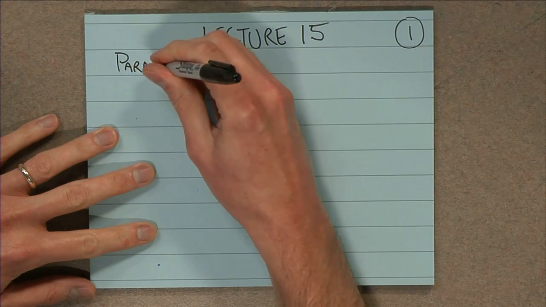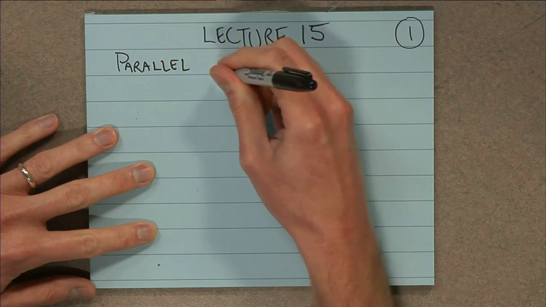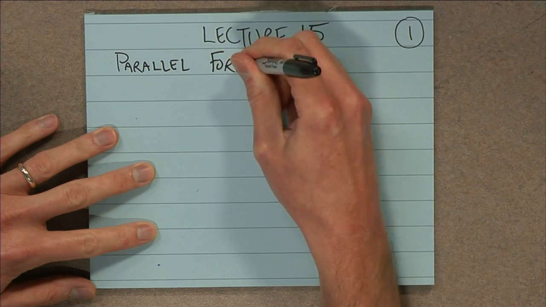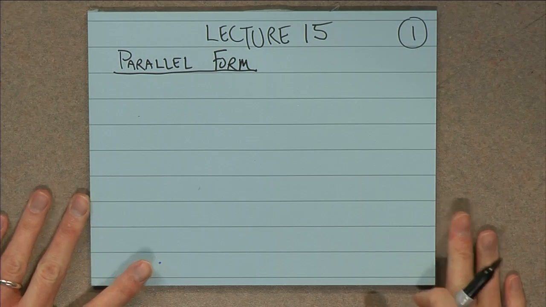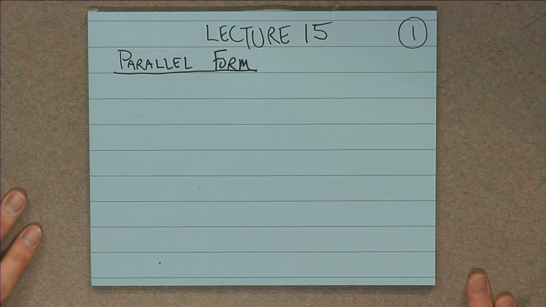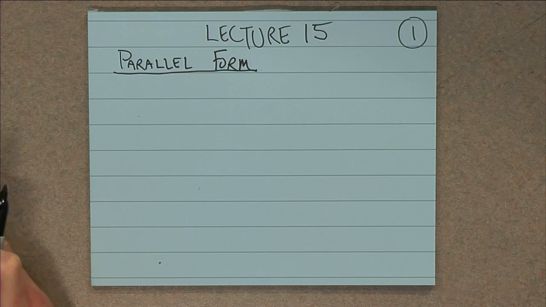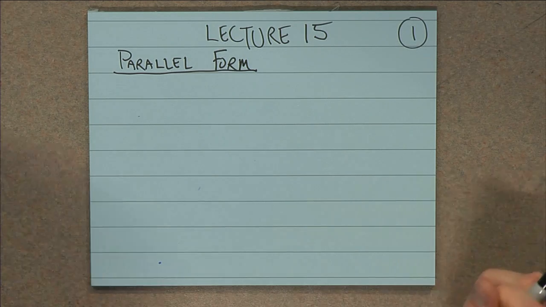And to get started, we're going to look at something called parallel form, which we did at the very beginning of class, way back in chapter 2. We could have a system function, and if you partial fraction expanded it into parts, then you could make those parts be parallel in a block diagram.